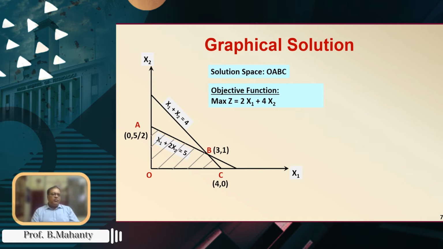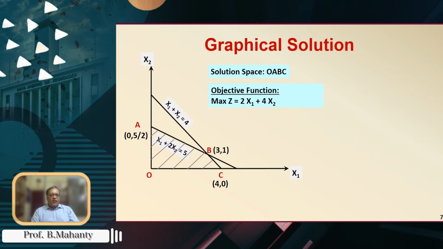Now look here, one of the bounding constraint lines, that is x1 plus 2x2 equal to 5, is parallel to the objective function line, that is maximize z equal to 2x1 plus 4x2. Because x1 plus 2x2 and 2x1 plus 4x2 have the same gradient, the two lines are parallel.